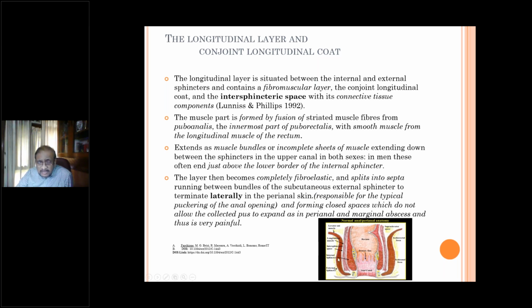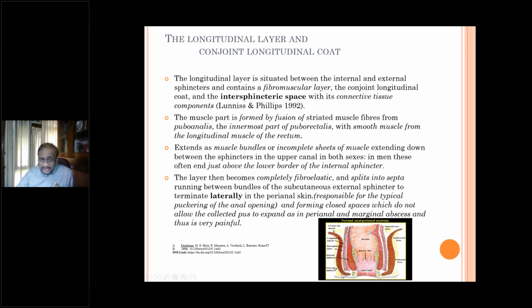Subcutaneous, superficial, deep. So fibers or septae would start running out here. They're passing through the superficial part of the external sphincter, and they go and stick to the skin, giving rise to the typical puckering of the anal canal. Typical puckering of the anal canal. And it has got one problem with it.